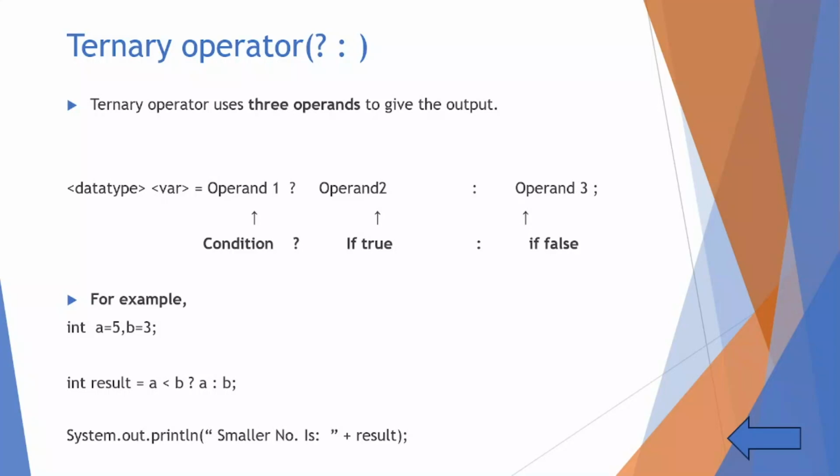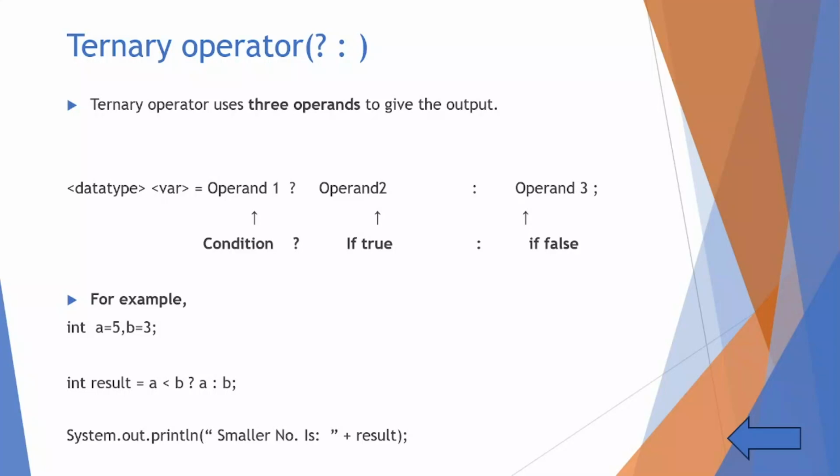Otherwise, the contents of b should be stored in result. So, is a less than b? 5 is not less than b. Not means false. False means the contents of b should be stored in result. So now result will be 3.